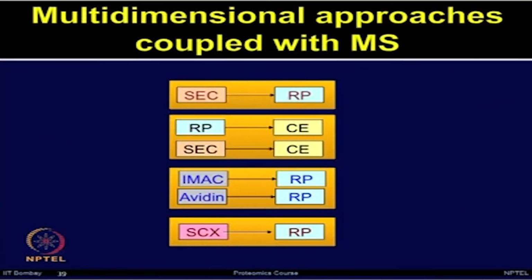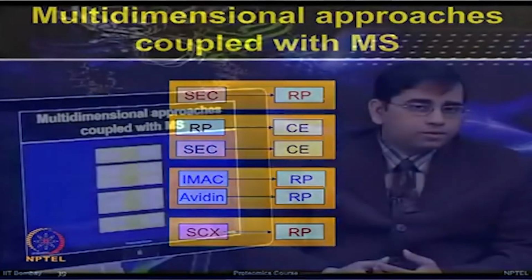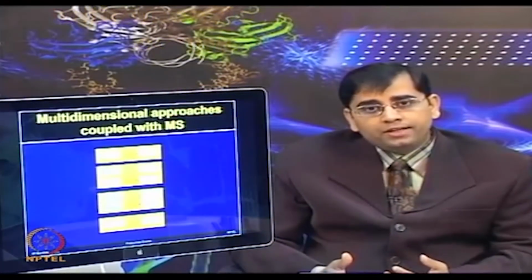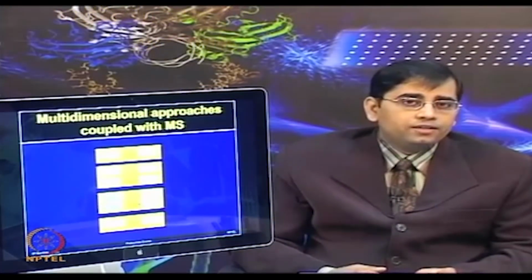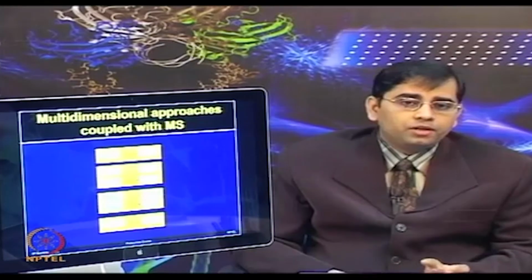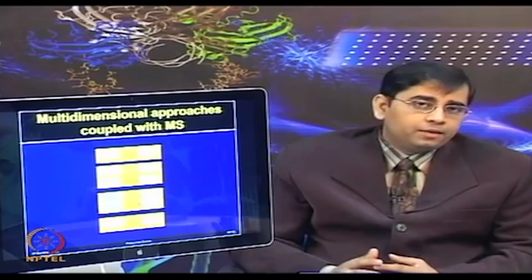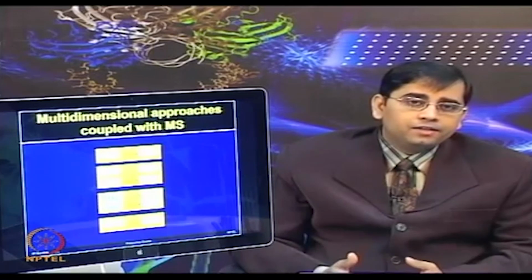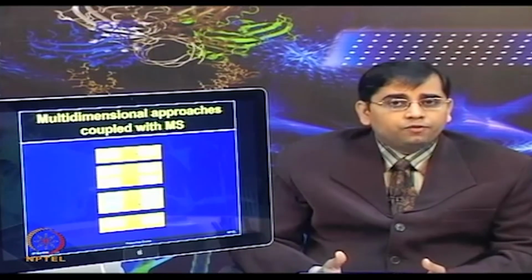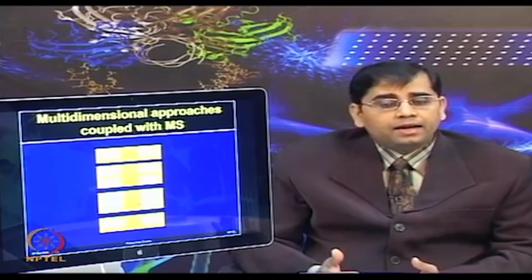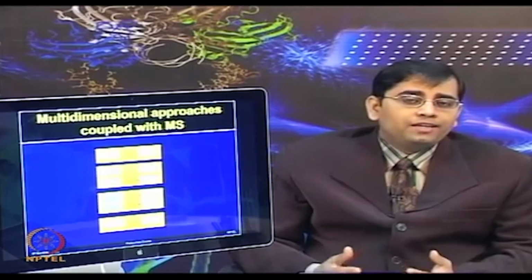A third combination, using affinity chromatography as the first separation followed by reverse phase, has been used, but what is most popular is strong cation exchange separation in the first dimension followed by reverse phase chromatography in the second dimension. That has resulted in the best separation of the peptides, and it has been used for various proteomic analyses.